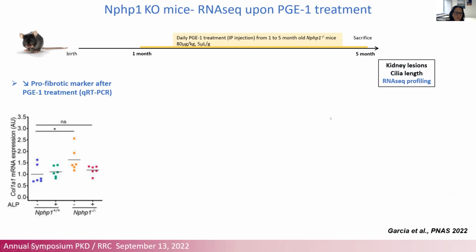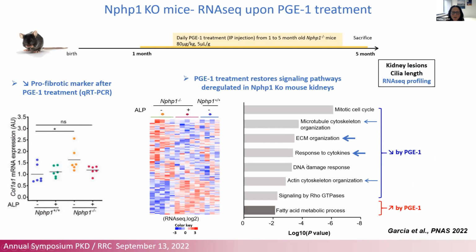If we go back to the RNA profiling, we can see that pro-fibrotic markers were upregulated in NPHP1 and decreased with the treatment, and the global RNA signature that was also deregulated in NPHP1 was restored after the treatment.